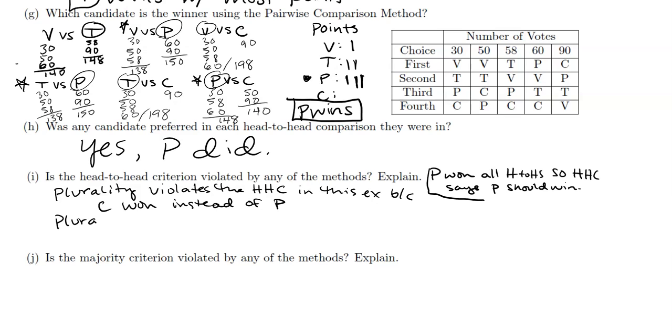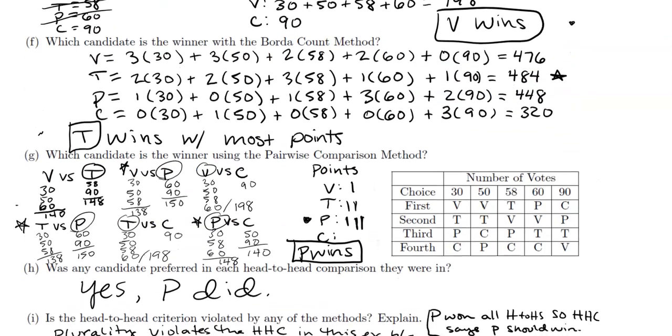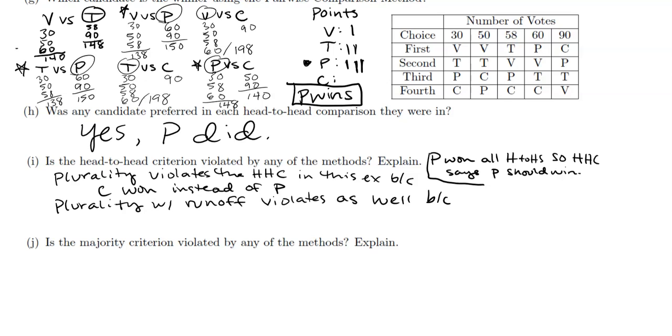So plurality with runoff violates as well because, let's see, I forgot who won. V did. V won instead of P. And then Borda count violates it too because I think in that one T won.